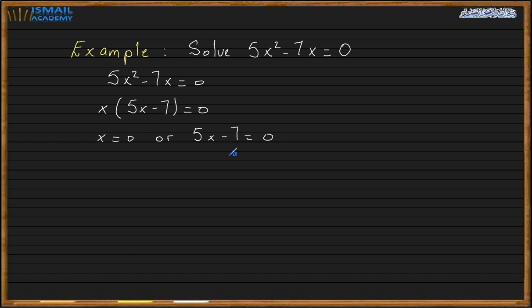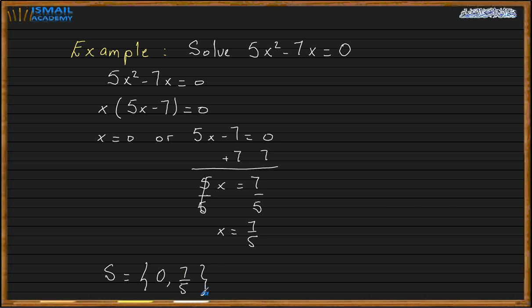What I do is solve for the second one. Plus 7 both sides, so I get 5x equals 7. Now I divide by 5, so I end up having x equals 7 over 5. So my set of solution will be 0 and 7 over 5.